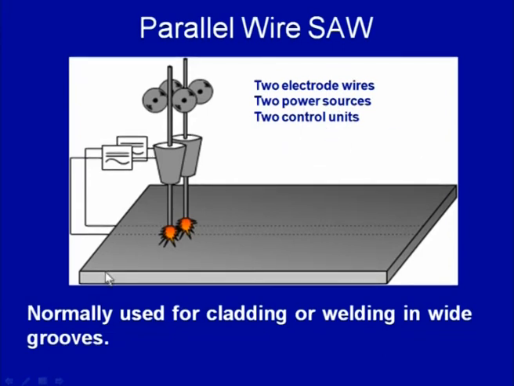This type of setup is normally used for cladding, for surfacing, or developing the weld bead over the surface of the plate, and it is also used for developing the weld in case of wider grooves.